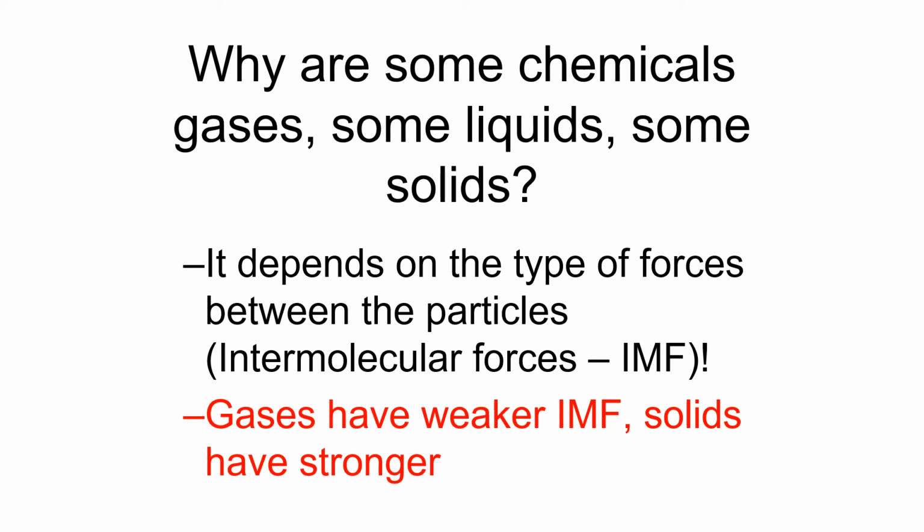Their particles are super far apart. They're all over the place, so they're not together enough to have a lot of intermolecular forces. That's not the case with solids, because solid molecules are packed together in one form, and that's because their molecules do have a lot of intermolecular forces.